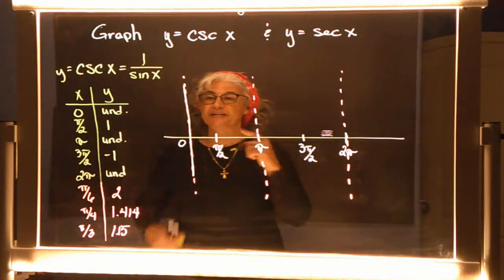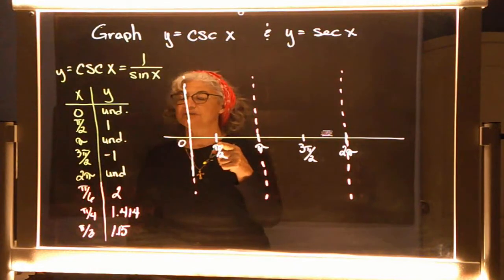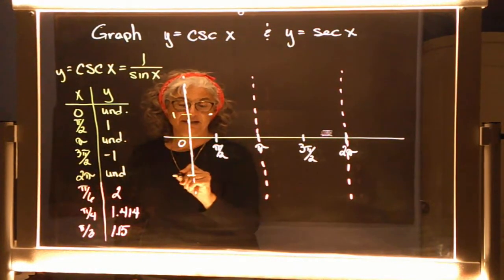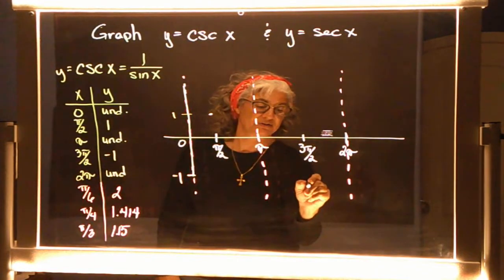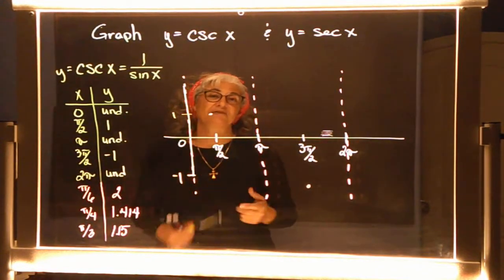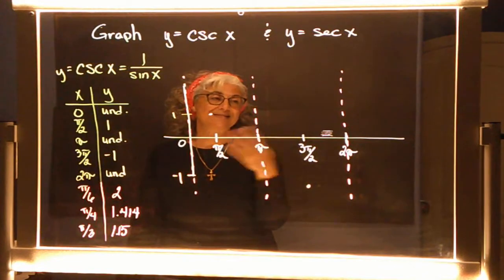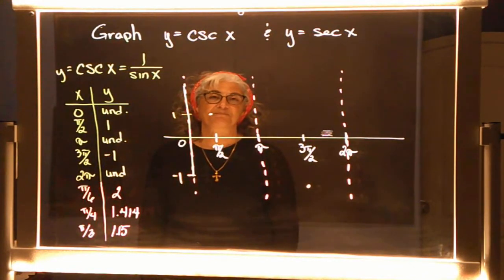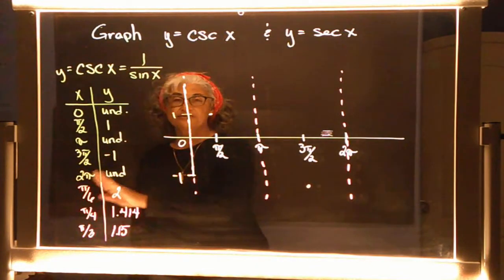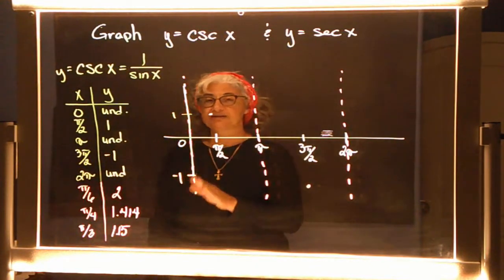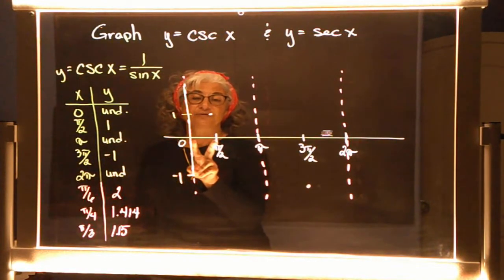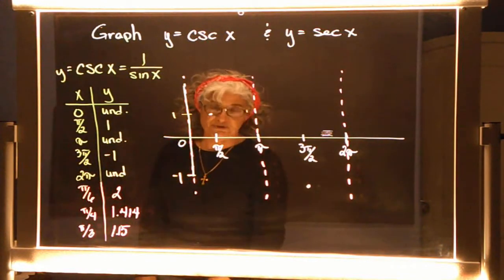When I plug in pi over 2, I got 1, and I got -1 at 3 pi over 2. So interestingly enough, it leaves me only two points separated by three asymptotes. I can't even connect the two points. This is why I wanted to get these other three angles in here. Understand, these other three angle measurements are first quadrant, and first quadrant is between 0 and pi over 2.